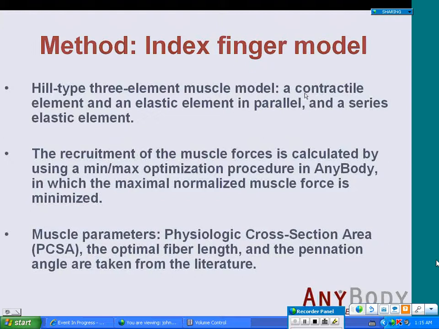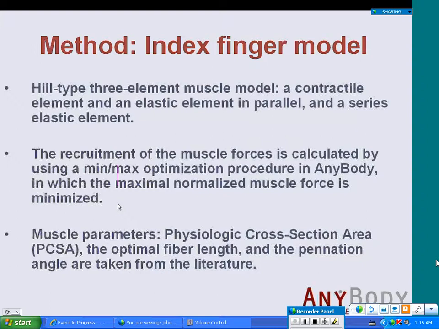And there is 1 series elastic element, which simulates the tendon. So the Hill-type 3-element model virtually includes a tendon. So we include a pennation angle and fiber length, and the remaining is a tendon.